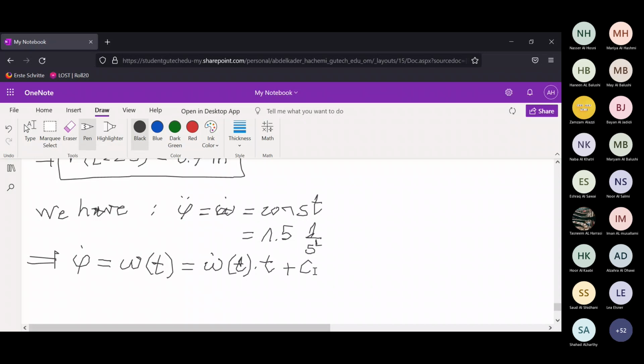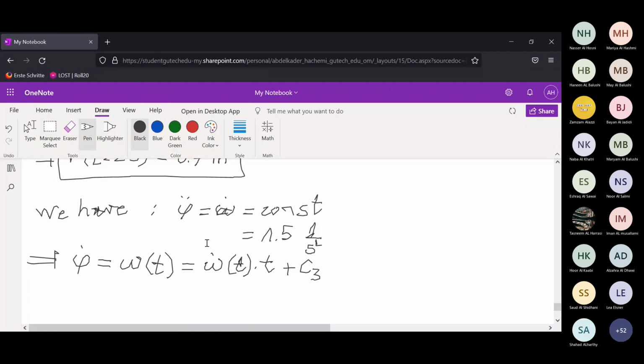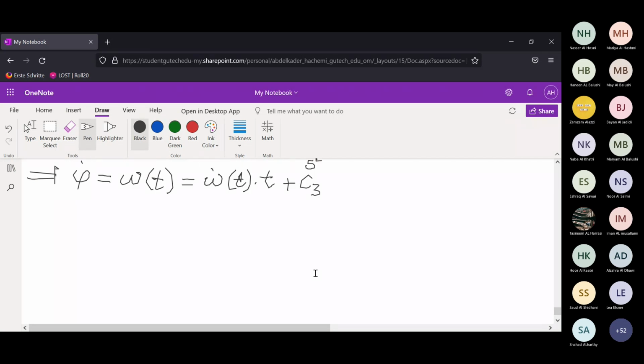We have the same equation, which means phi dot is only omega. And we integrate this equation with respect to time, then we get omega dot multiplied by t plus the constant of the integration. The constant of the integration, we always take in consideration the initial condition.